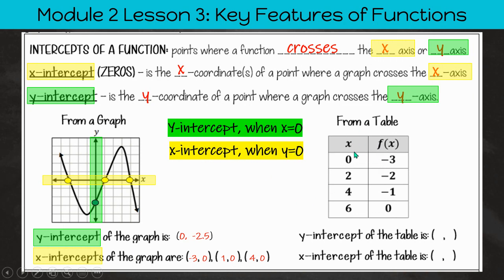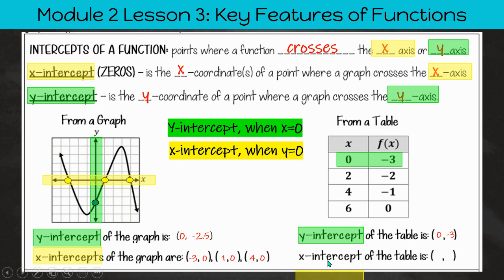So if I'm looking over here at this table now, how can I identify my x and y-intercept? Well, I need to look for the zeros. Here, my y-intercept is when my x is equal to 0. So these are my x values, and right here is when my x is equal to 0. That means my y value, f of x, is equal to -3.